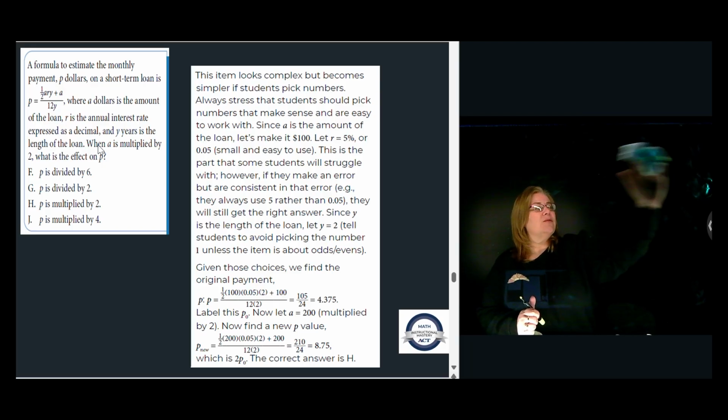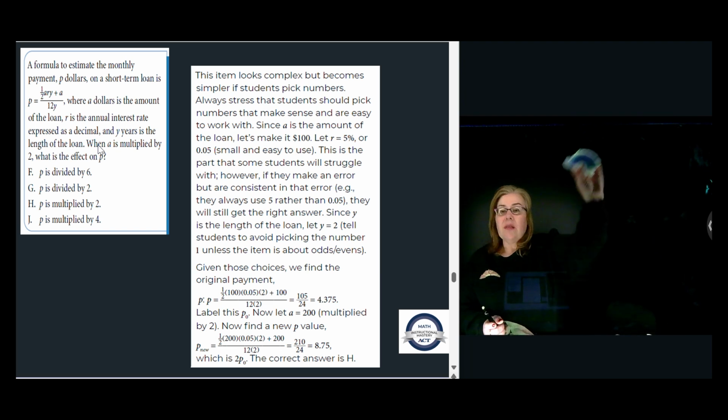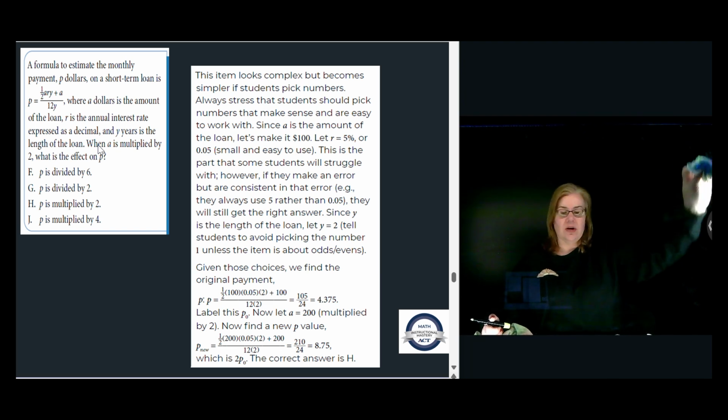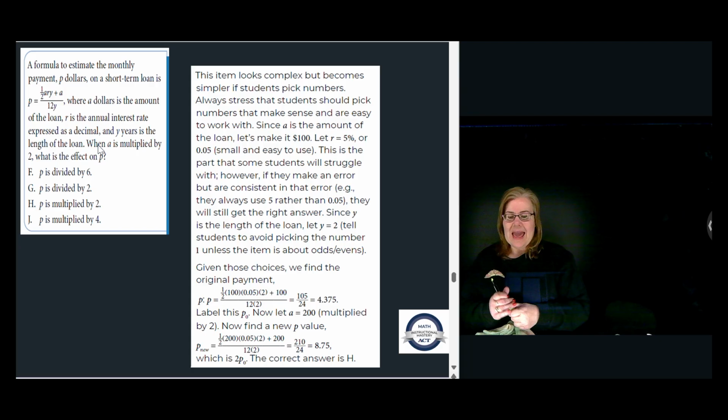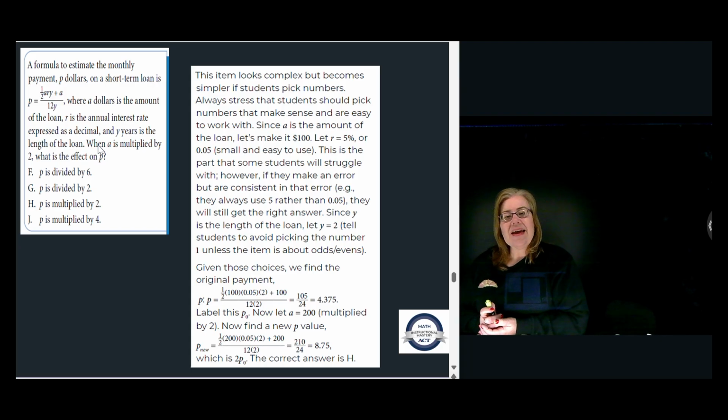You need to remember it's expressed as a decimal, is our interest rate, and Y is the length of the loan in years. All right, so it says when A is multiplied by 2, that's key, what is the effect on P, which is our principal? Or it's not our principal, but our payment. So P is our payment.